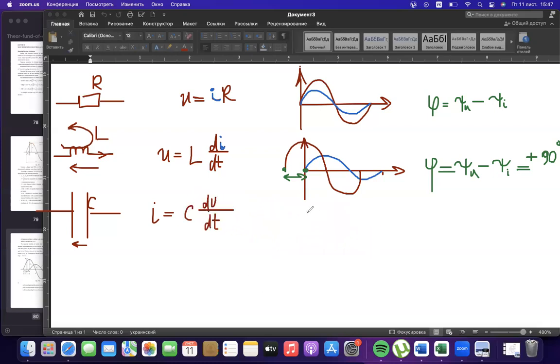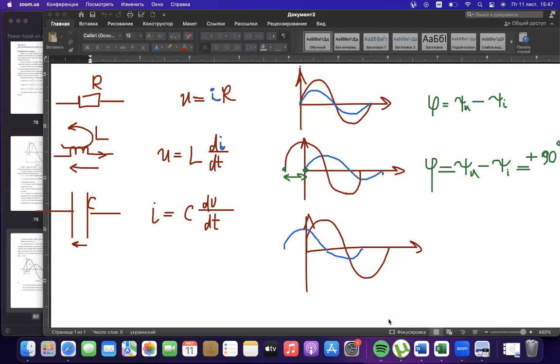That is why if we have a sinusoidal curve for voltage, then current will be a cosine function and moved by 90 degrees compared with this sinusoid.